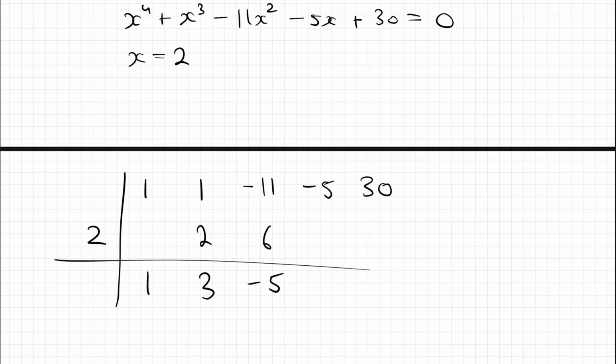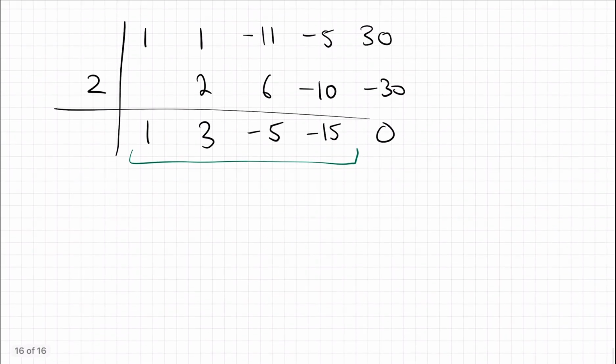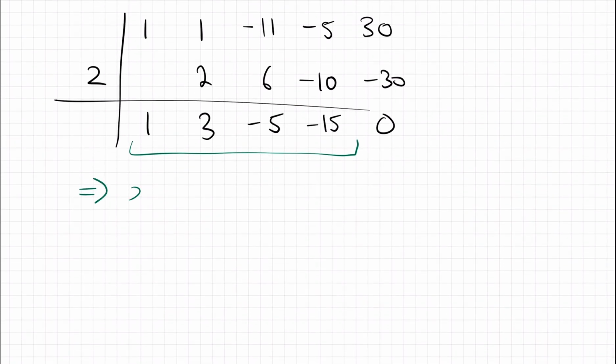Minus 5 times 2 is minus 10, add them together and you get minus 15. Minus 15 times 2 is minus 30, add them together and you get 0. So our coefficients this time are going to be x cubed plus 3x squared minus 5x minus 15.